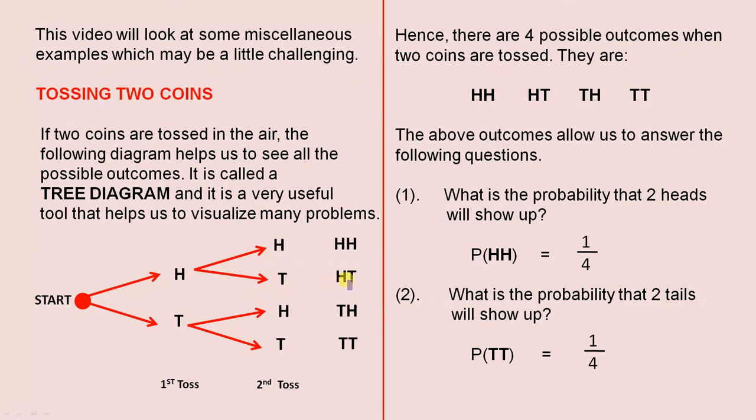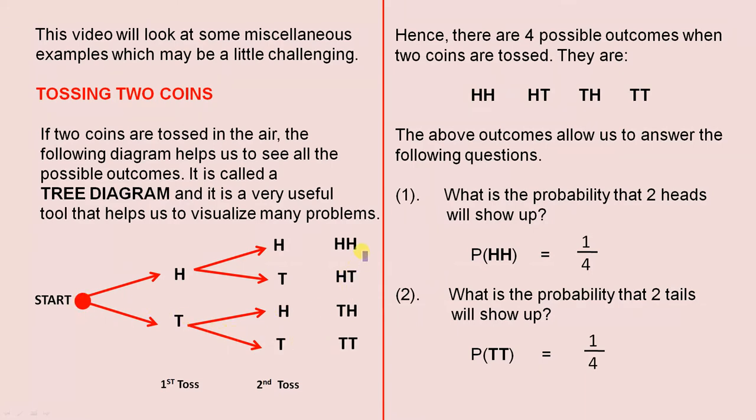Now to get the sample spaces, or all the possible outcomes, all you do is you climb to the top of the tree that's lying down. You climb to the top section, and you go through HH. Then you come to this section here, so you go HT. Then you come here to give you TH, and finally you've got TT.